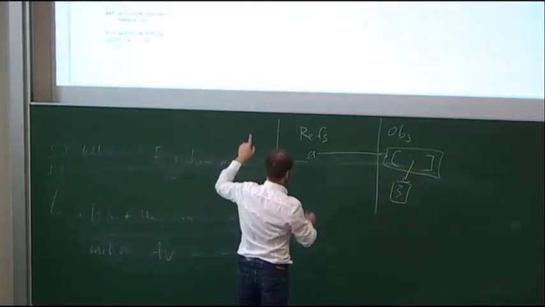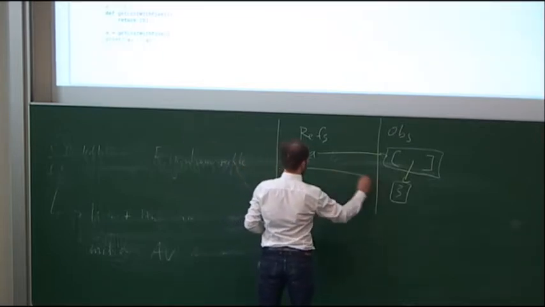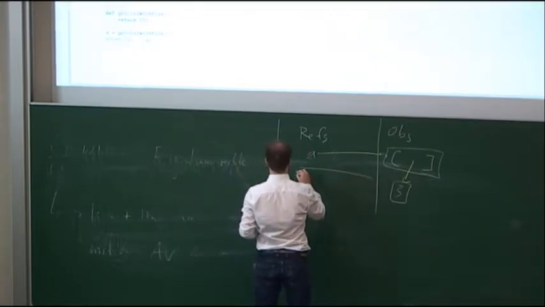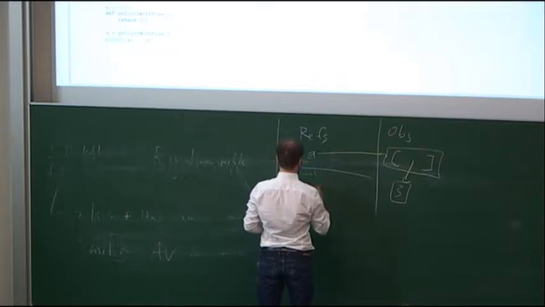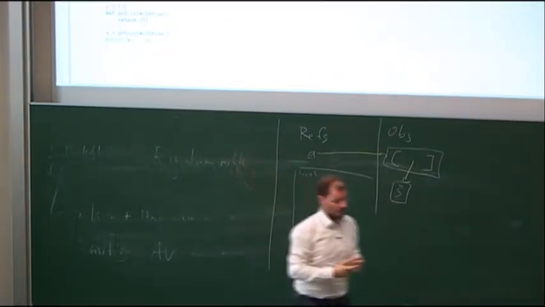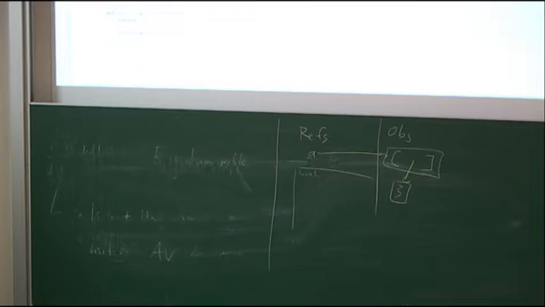What Python does, it creates this local scope. The local scope doesn't contain any variables in this case. I mean, there's no parameters to the function, and here we don't create any local variables.